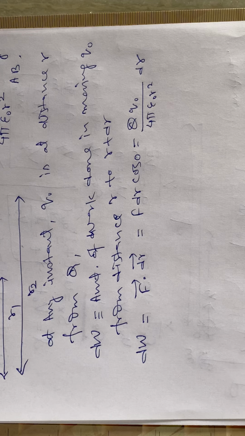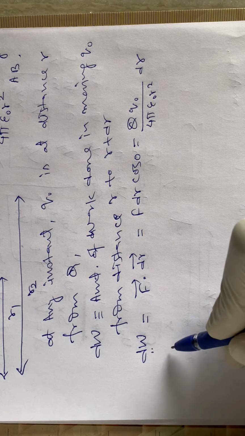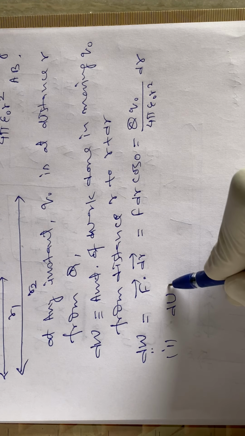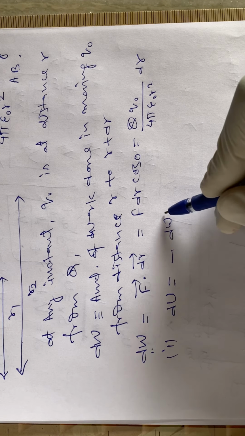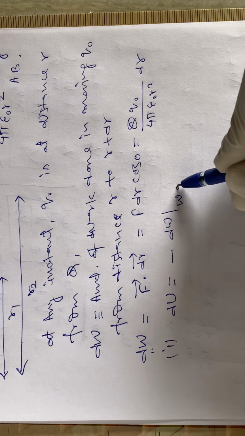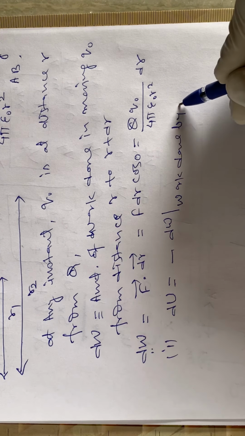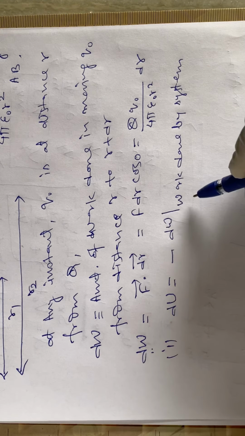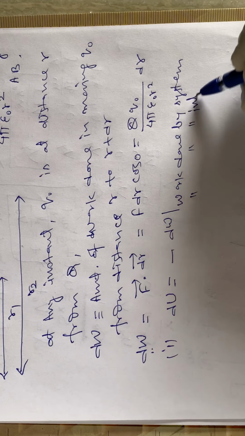Now, we know the relation between the potential energy and the work done. The change in potential energy is equal to the negative of the work done, when this is the work done by the system, or by the internal force.